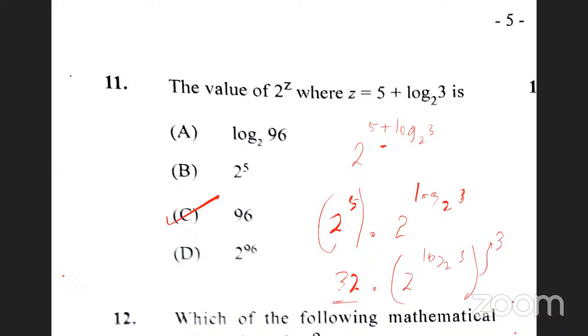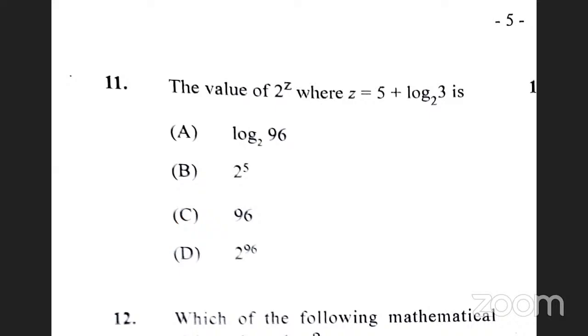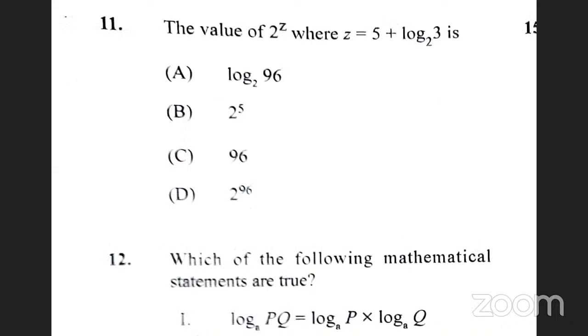And 32 times 3 is 96. Right, that's one way you could have put it down.